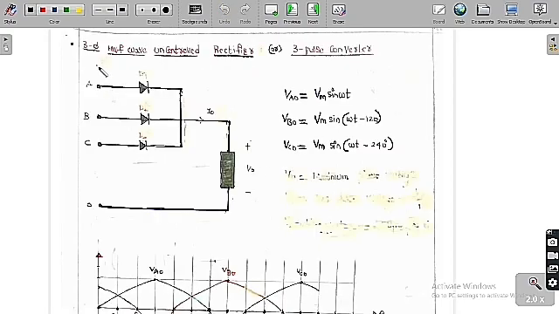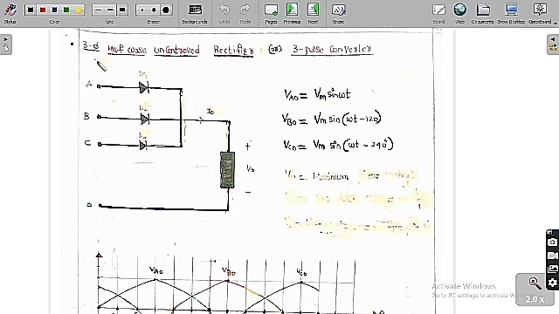Now we are going to study the three-phase half-wave uncontrolled rectifier. We have successfully completed the single-phase supplies, so now we are going to study the three-phase. Uncontrolled means we use all diodes. Half-wave means we get only 3 pulses in the output.